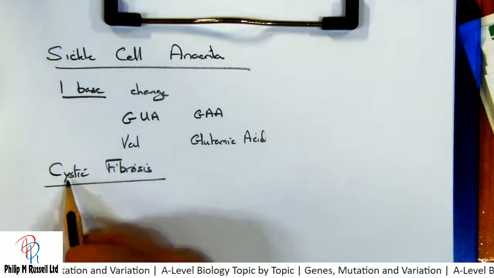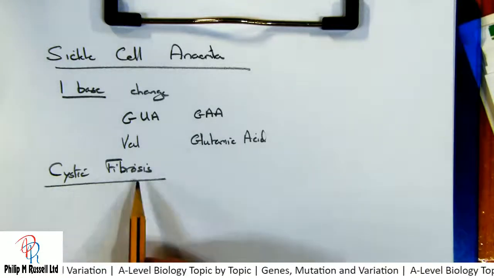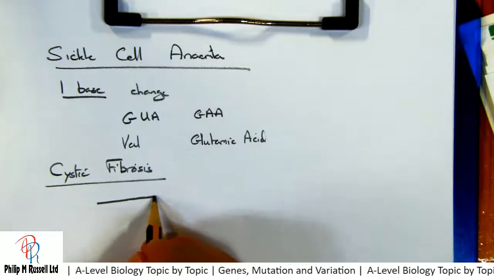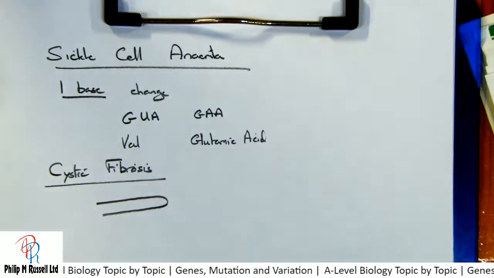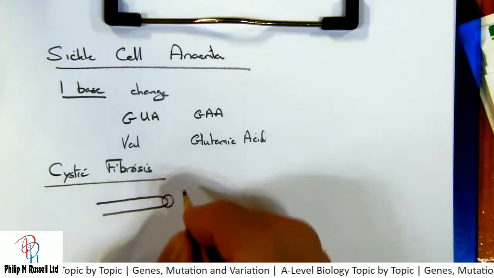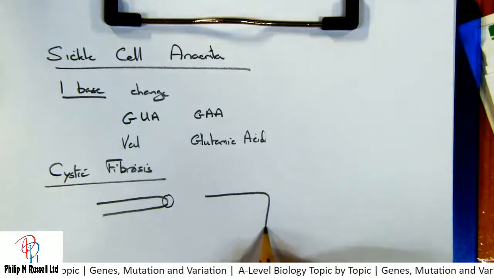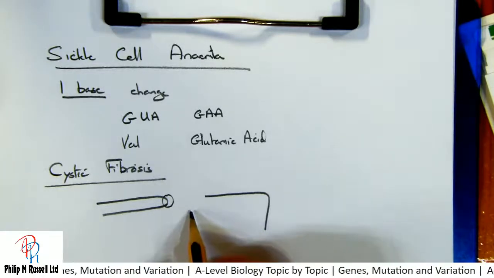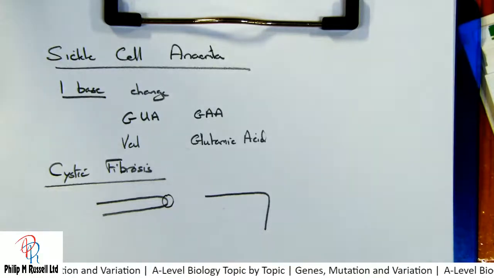There are in fact lots of different types of cystic fibrosis, and they do have different changes, but the basic idea behind this mutation is if I've got a protein that does that sort of shape and I affect one of the bases here, then I can radically alter the shape of the molecule. This means that this protein basically won't work.